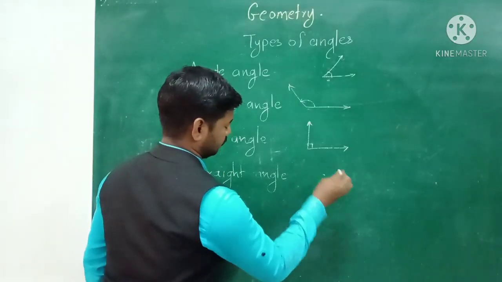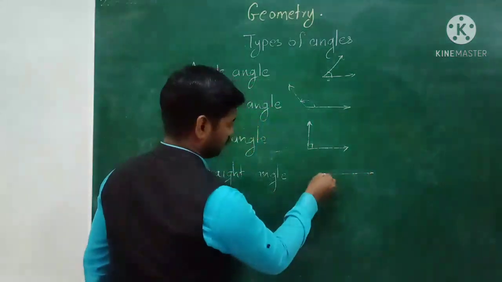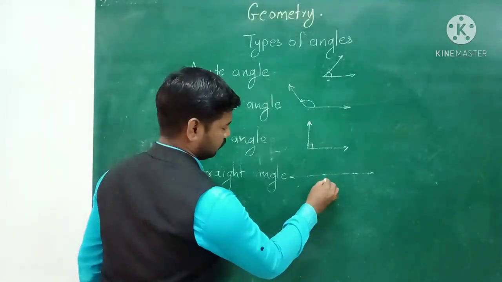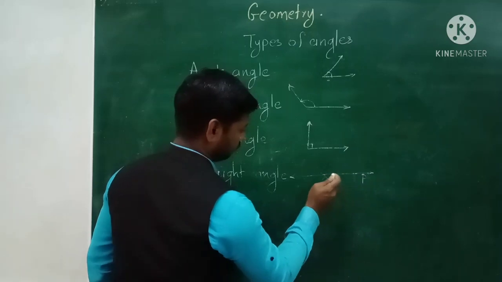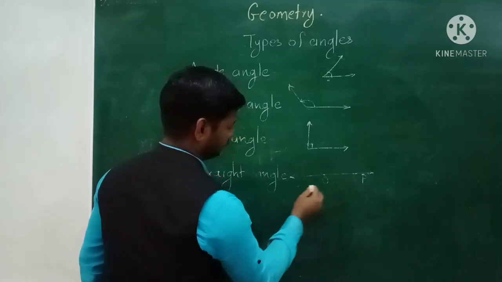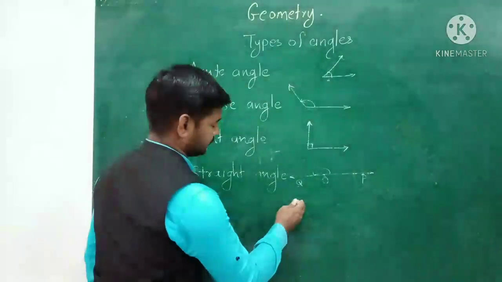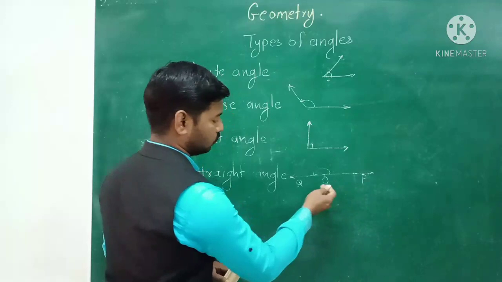See, if I draw an angle, it has the origin and another arm that is a straight line. I will give the names for the points O, P and Q. So if you see the angle, it is angle POQ.